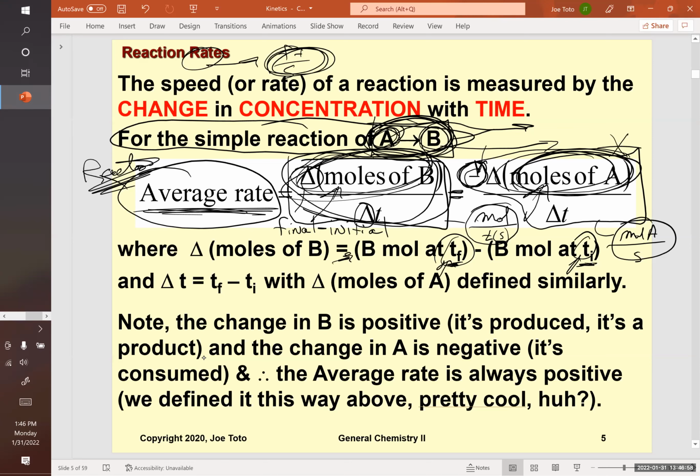But in any case, I think you can see how rates, something that you're used to talking about for somebody's speed on a track or a car, transfers to a chemical reaction. Any questions on that? All right, good. So for chemical reactions, we're talking about moles per second.